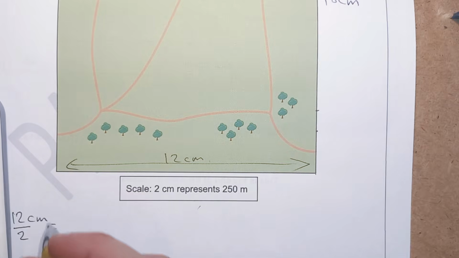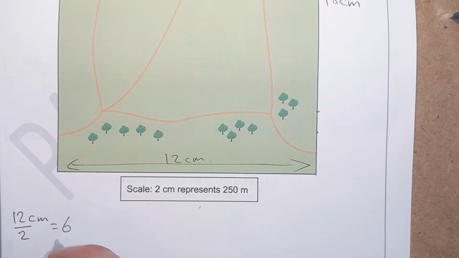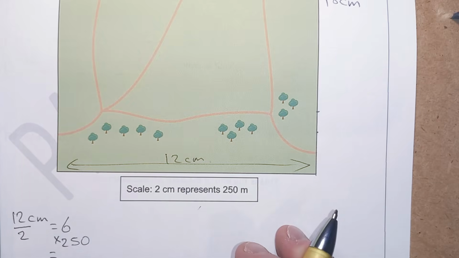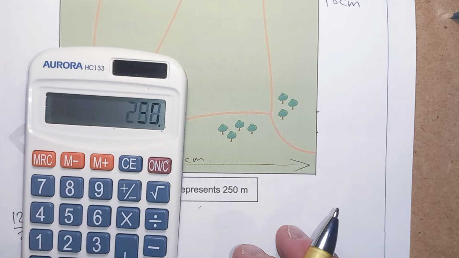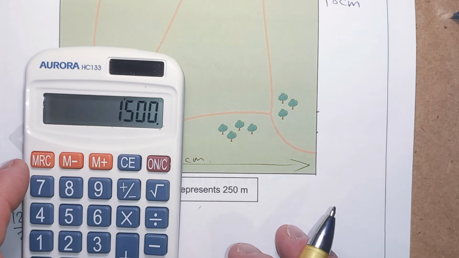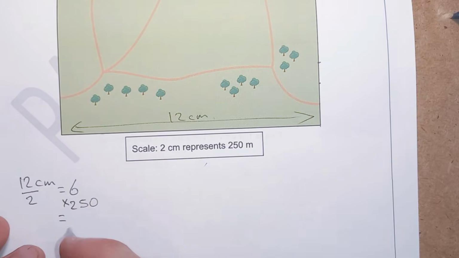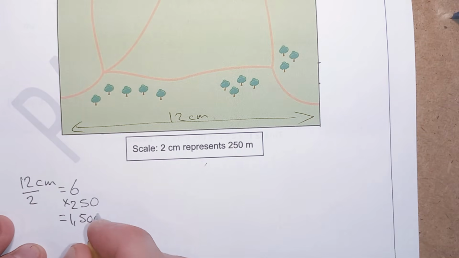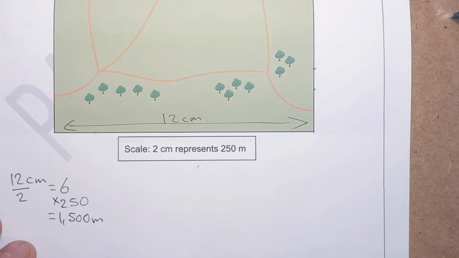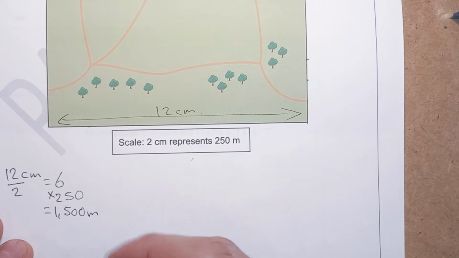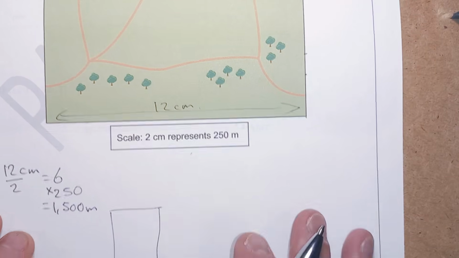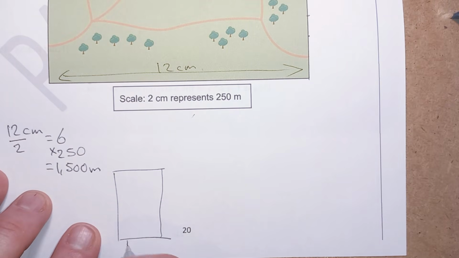So we've got 6 lots of 250, which means we've got 1,500 metres. Okay, and I'm going to draw a little sketch down here. Okay, so we've got 1,500 metres across.